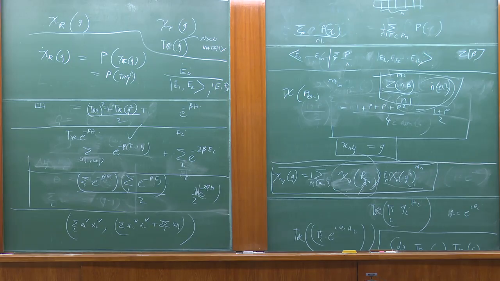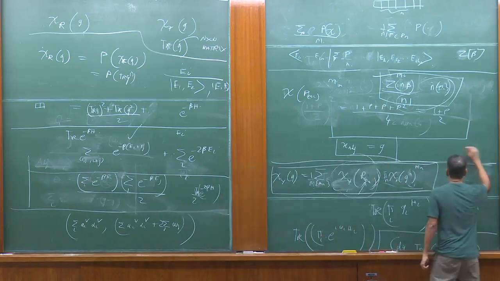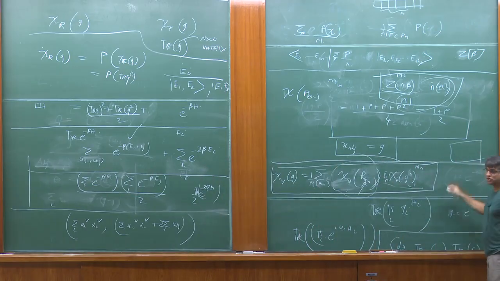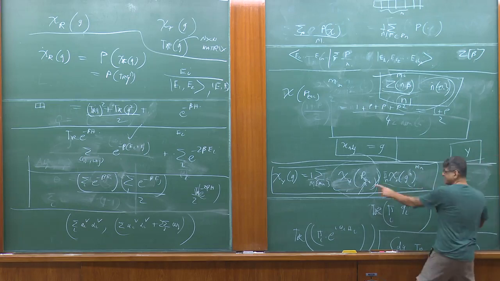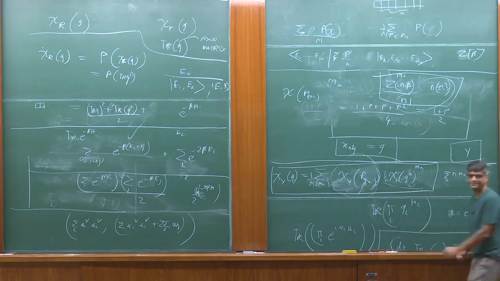Okay, I think we should stop unless there are questions or comments. Yeah, so you said that the character in some representation should be some polynomial of g to the power. Yes. Is this n specified? Will that depend on the group? Yeah, it depends on the representation. If you've got a Young tableau whose total number of boxes is y, then this product will only go such that the sum over n of n times m_n is equal to y.